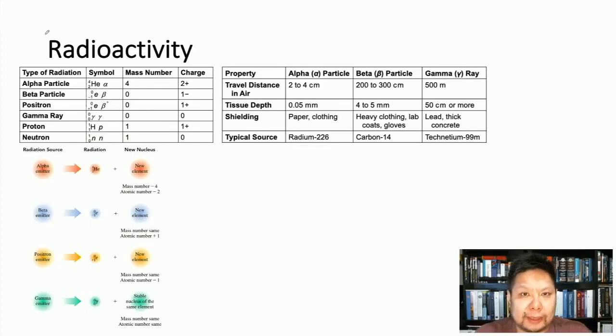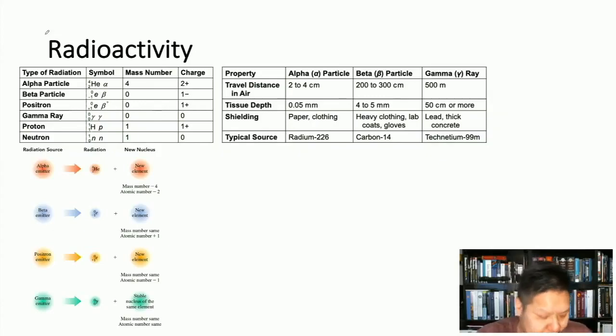The last couple of slides are about radioactivity, and we already talked in a previous slide about isotopes: elements of the same atomic number, meaning the same number of protons, but a different number of neutrons. Some of those isotopes can be radioactive. What does that mean?